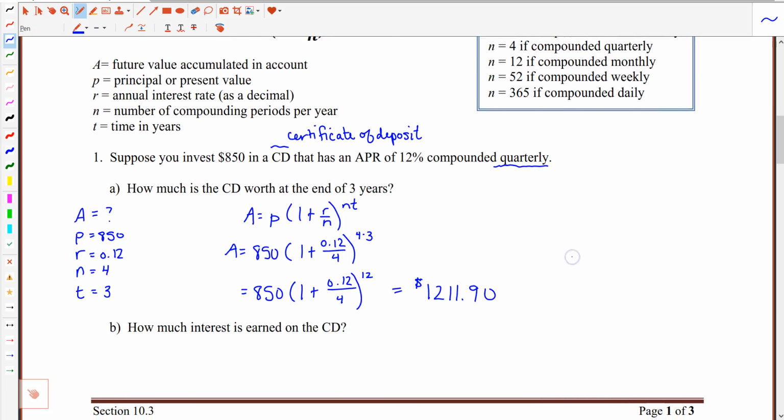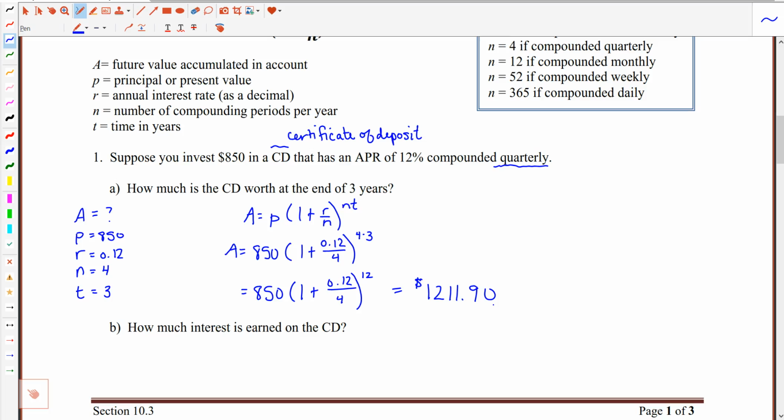Okay, so then for the second question, how much interest is earned on the CD? Now at this point in time, we're looking at how much interest overall has accrued on this account. Now for this CD, you haven't put any more money into the account other than your initial investment. So from the initial investment, which was $850, to what this CD is worth at the end of 3 years, which is $1,211.90, the only thing that's been going on in this account over this period of time is that the interest is being accumulated.